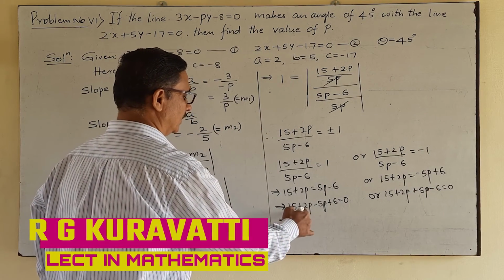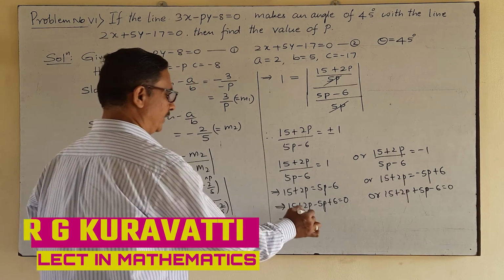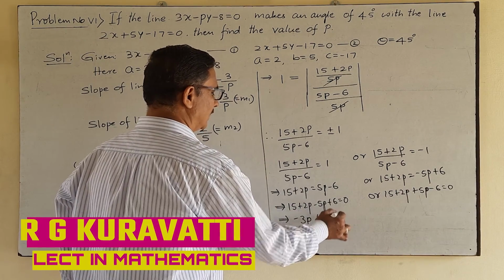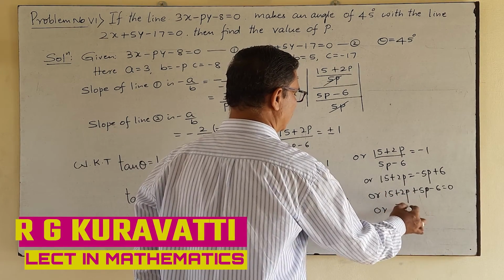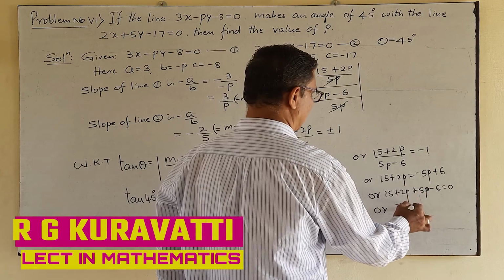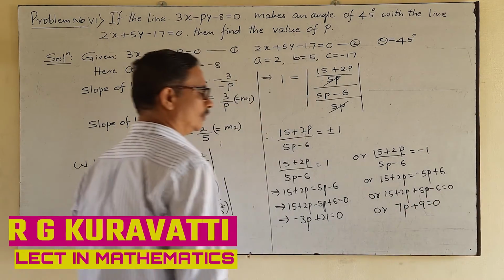So rearrange: 2p minus 5p is minus 3p. 15 plus 6, 21, is equal to 0. Here 2p plus 5p, 7p. 15 minus 6, subtracting 6 from 15, plus 9 is equal to 0.